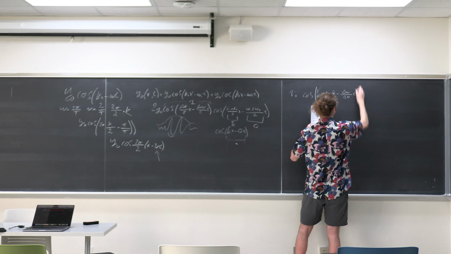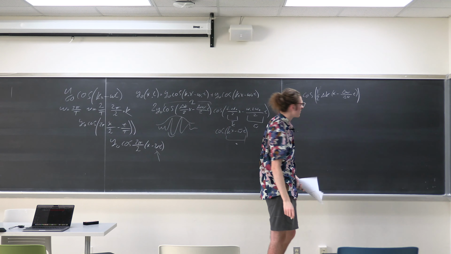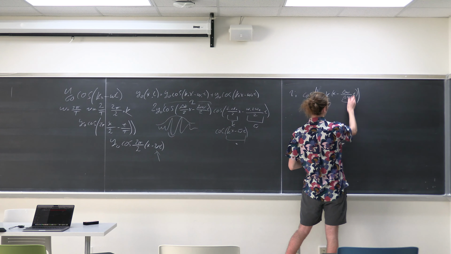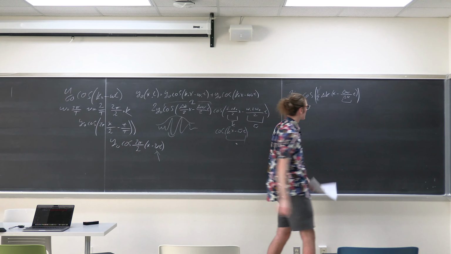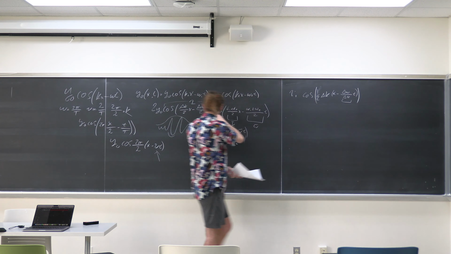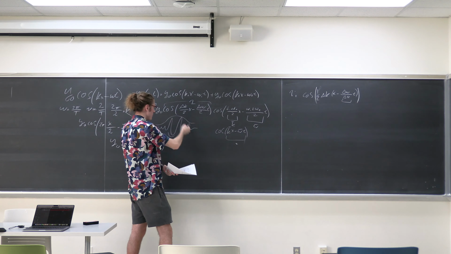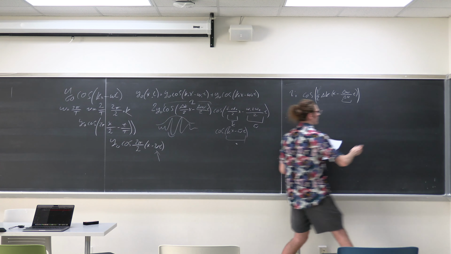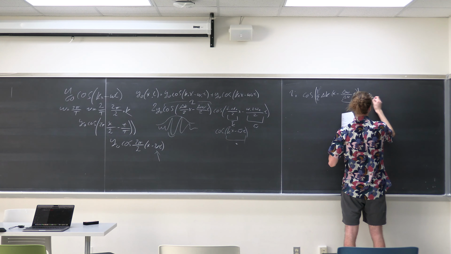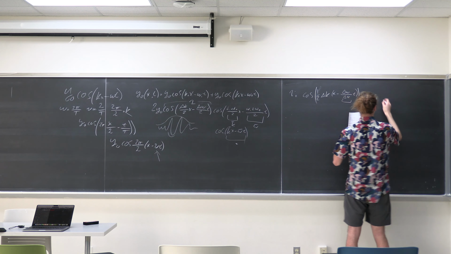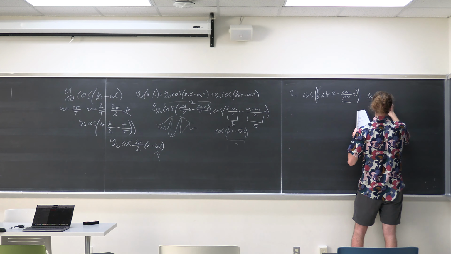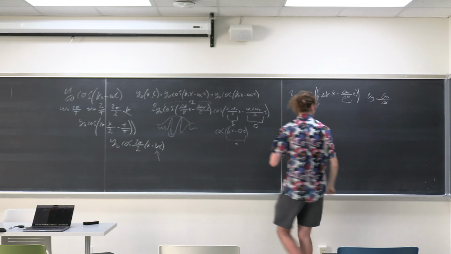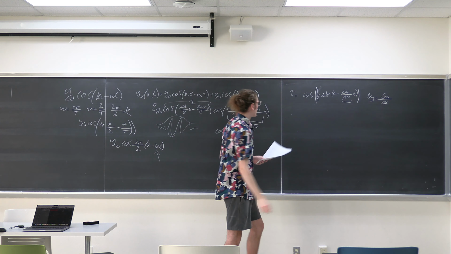So we see that this is our v value. Remember, this is our group velocity, the big shape. And so we can call our group velocity equal to delta w over delta k.